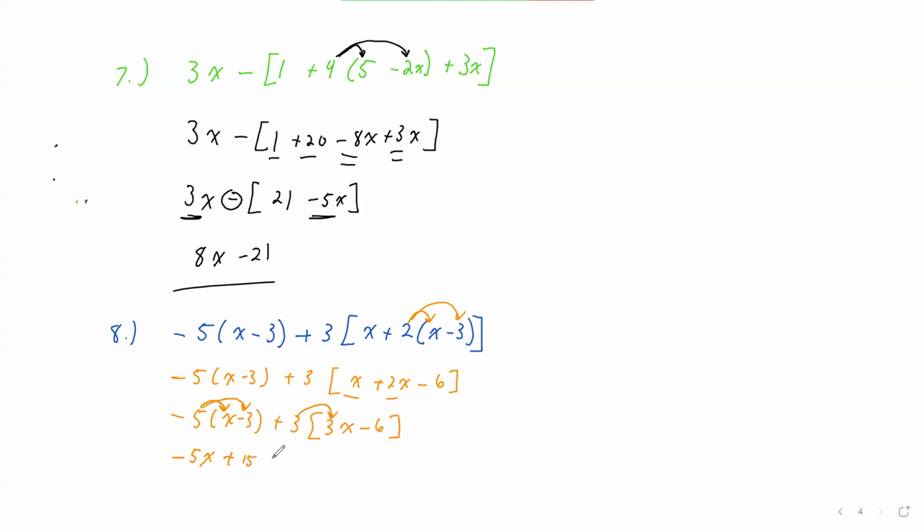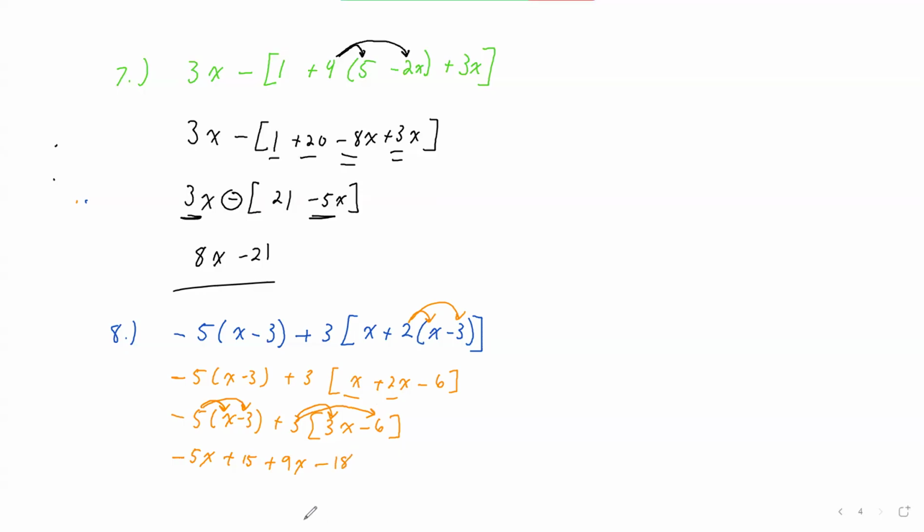3 times 3x is 9x. And then 3 times negative 6 is negative 18.